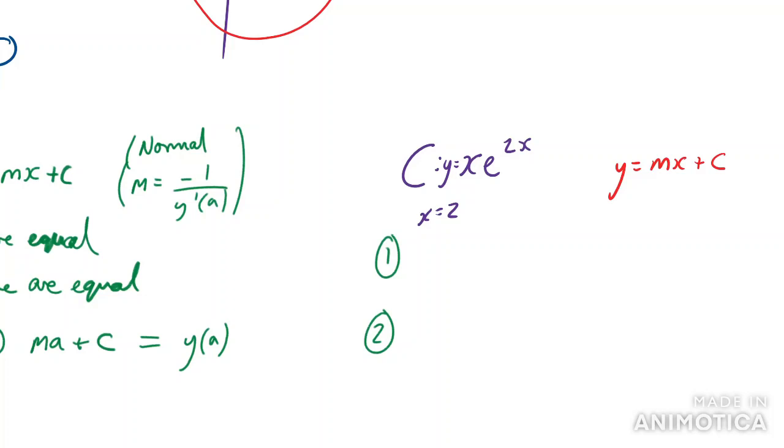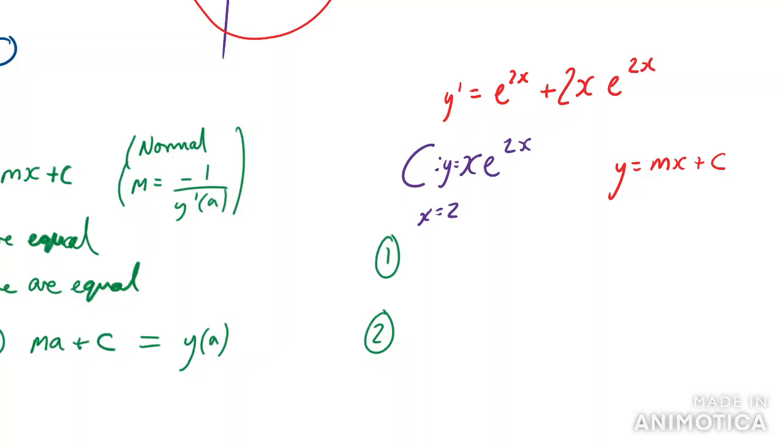So first of all, what do we need for tangent questions? We need to know what y dash is. So using the product rule, we'll get that this is e to the 2x plus x left alone times 2 e to the 2x, just differentiating it.